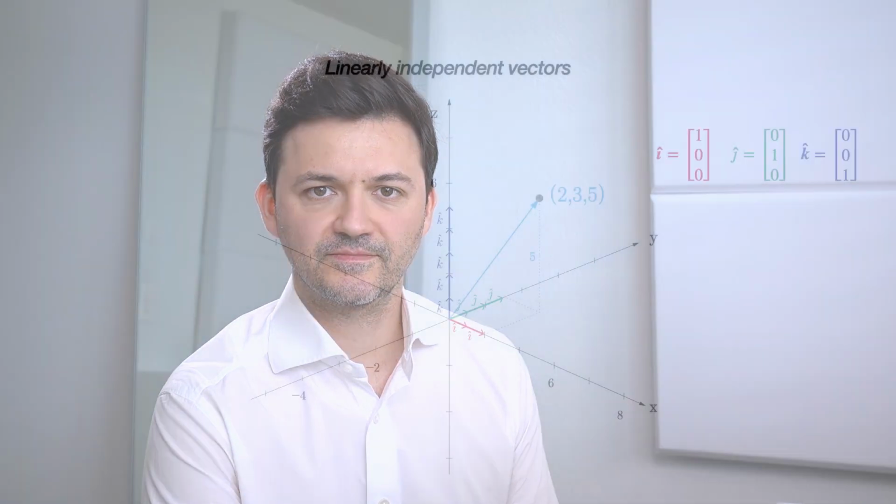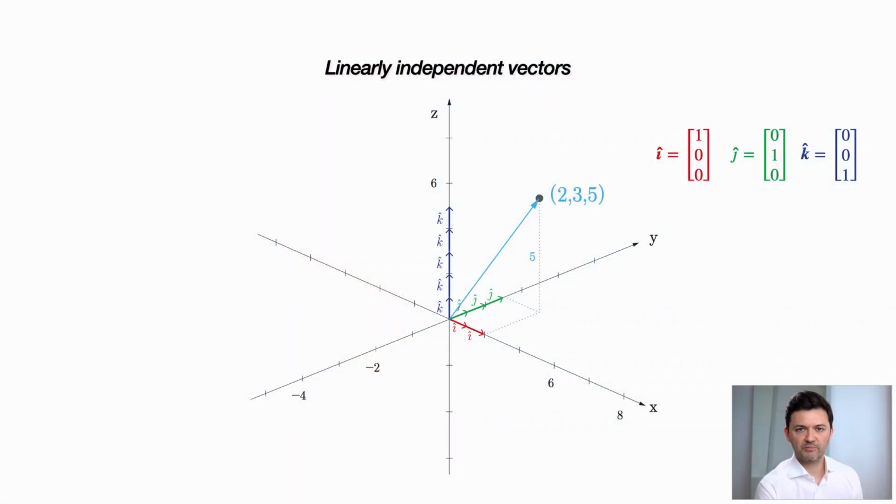And the vectors in a set of vectors that have this property, we call them linearly independent vectors. So without going into details, because we do not have time, every new vector that you introduce in the space and you want it to be a basis vector, it has to introduce a new direction which cannot be described by the previous vectors that you took to constitute the given space.